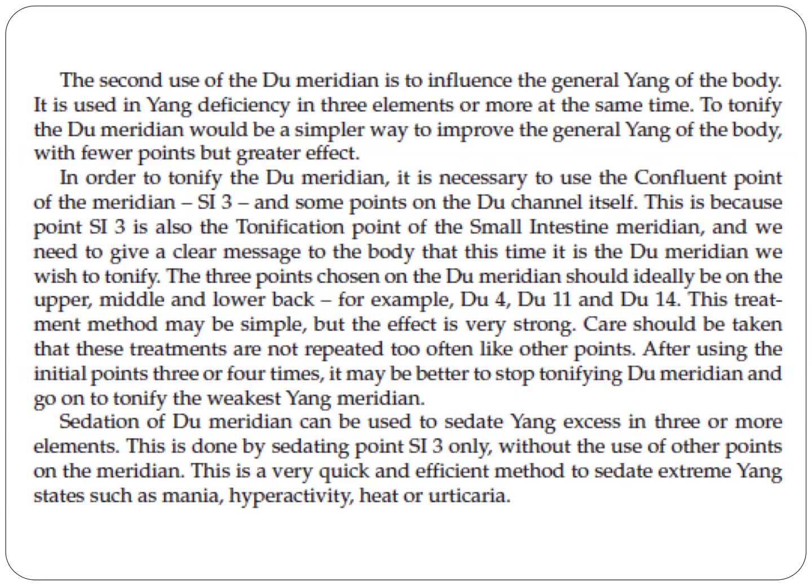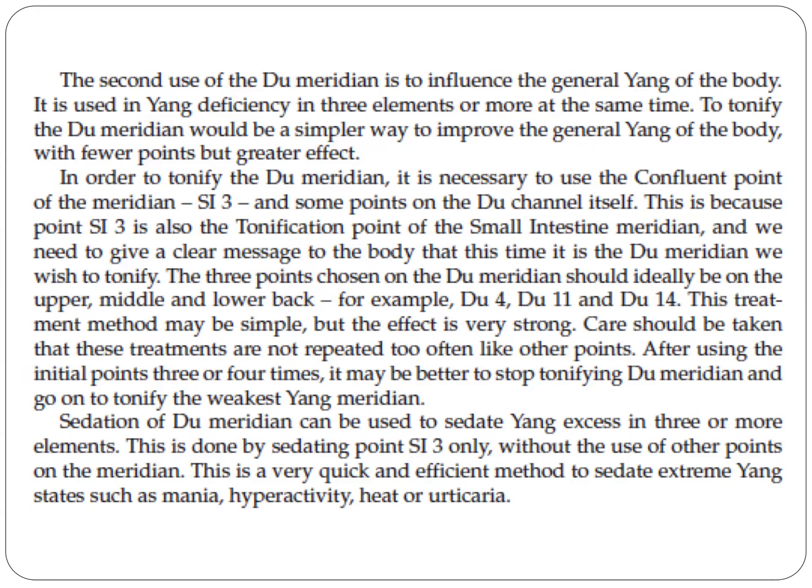In order to tonify the Du meridian, it is necessary to use the confluent point of the meridian, which is SI3, and some points of the Du channel itself. This is because point SI3 is also the tonification point of the small intestine meridian, and we need to give a clear message to the body that this time it is the Du meridian we wish to tonify.